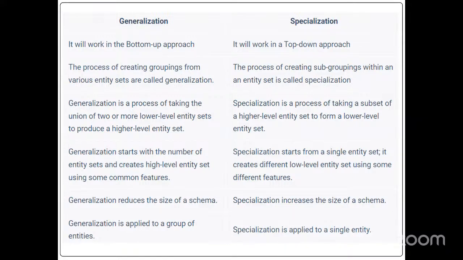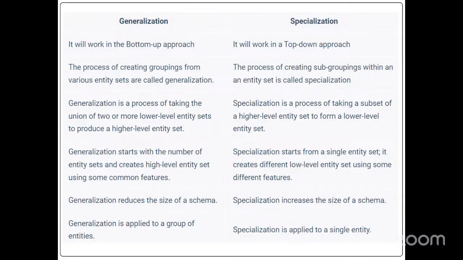Like an employee may be a tester or developer. Is it clear? Yes or no? In the subgroups, here it is only grouping. So this is the union of two or more lower-level entities to produce a higher-level entity.